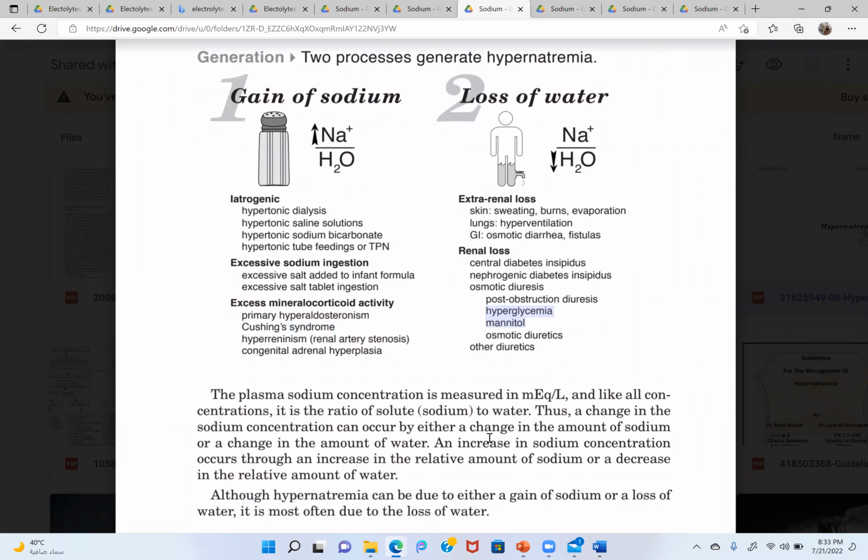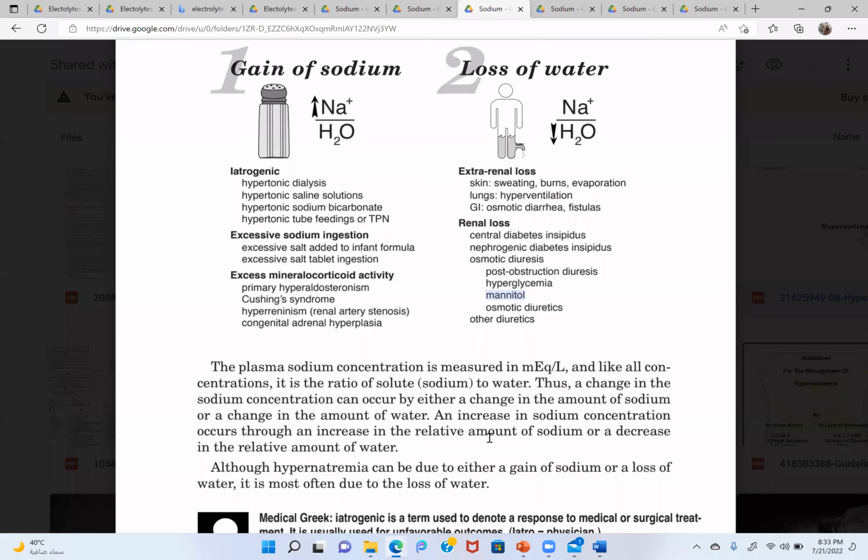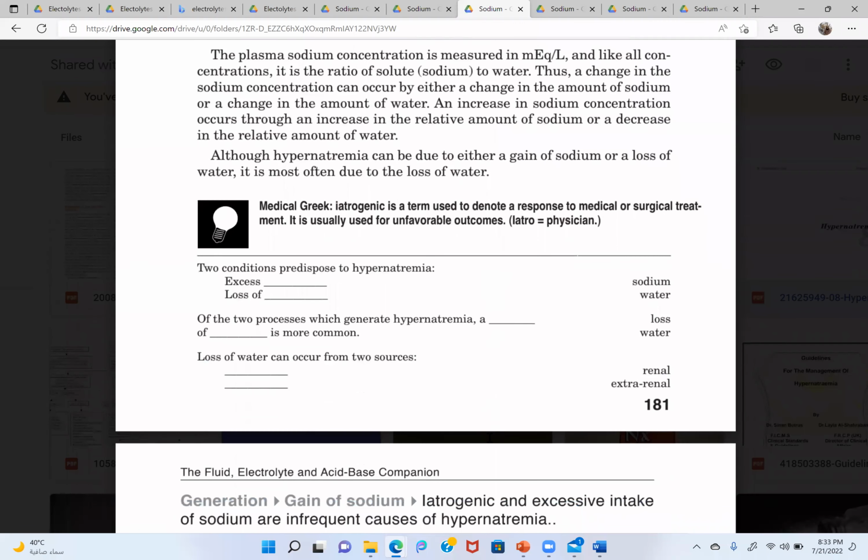The other mechanism is water loss: sweating, burns, evaporation, hyperventilation, dry gases, central or nephrogenic diabetes insipidus, or osmotic diuresis. I think they have explained it in a very nice way.